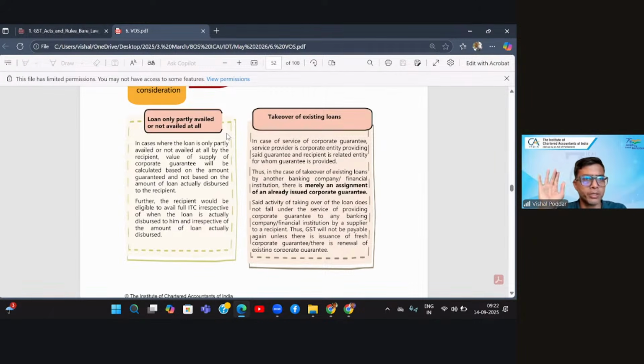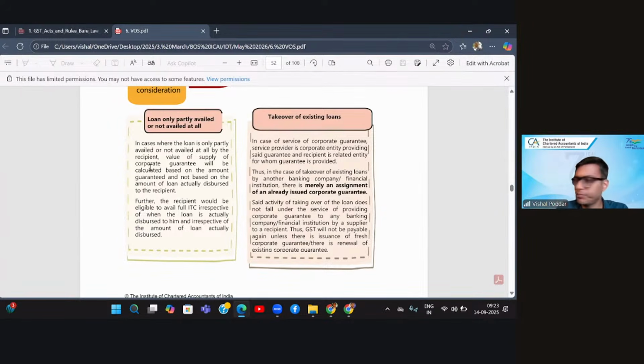The loan is sanctioned, but this whole year up to 31st March, either I have withdrawn only 20 crores out of 100, or let us say I have not withdrawn anything because right now I don't require the money. I'll require it maybe next year. Now the question is, where only the loan is sanctioned but no withdrawal is happening, whether you still take this 1% value? That is what is answered.